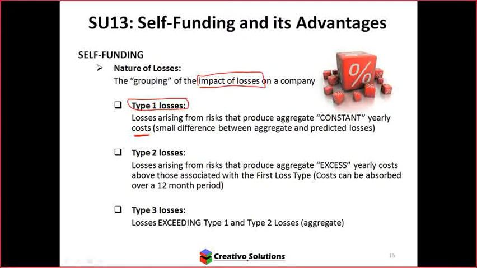An example could be running a retailer. Is a retailer going to suffer some losses in terms of theft? Yes, they would. Losses arising from risks that produce aggregate constant, meaning predictable, yearly costs.